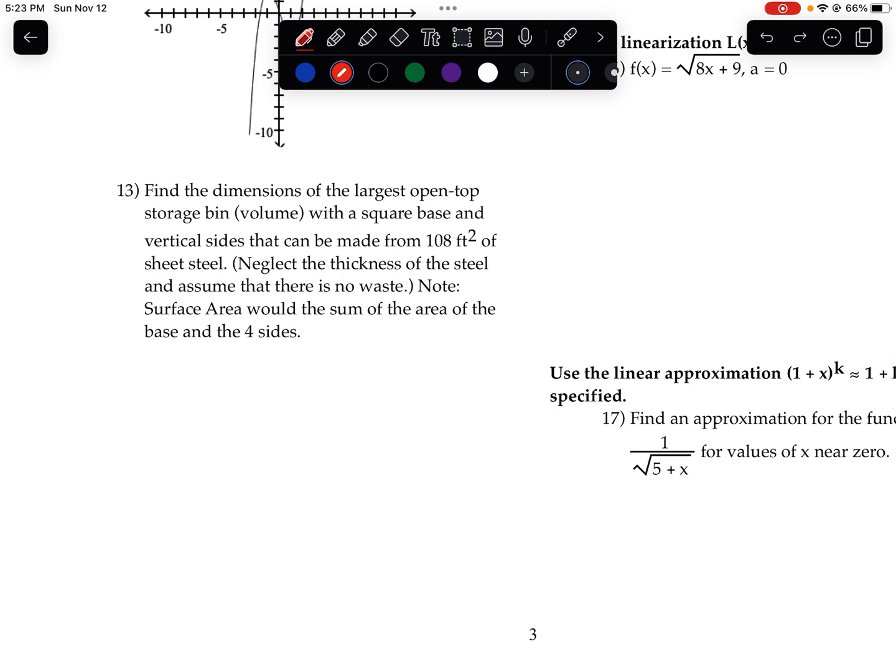In any case, since we're trying to optimize volume, let's first get that. So imagine that you have your square base storage bin. Let me try again.